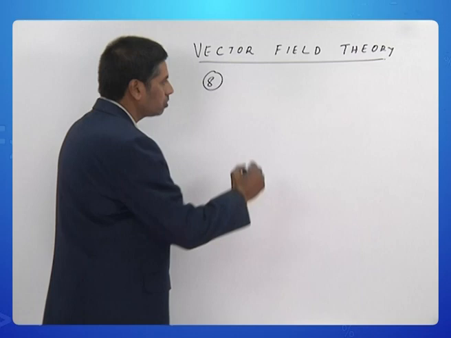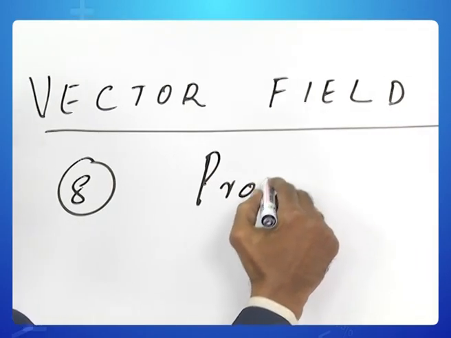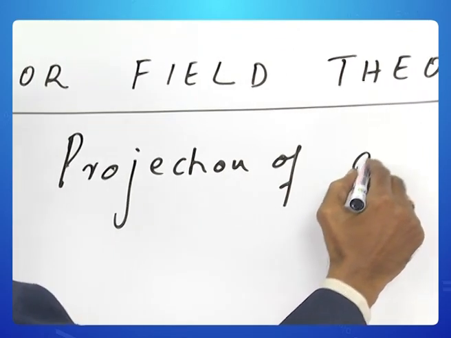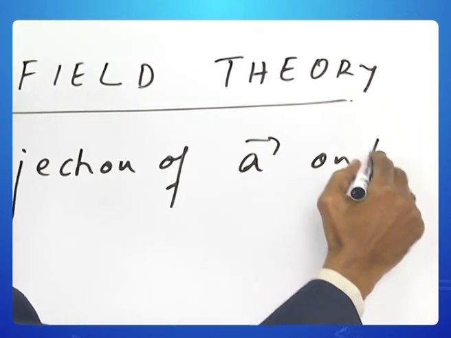So the projection of one vector on another vector.